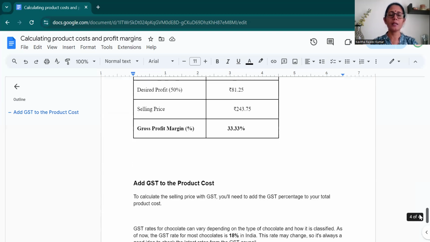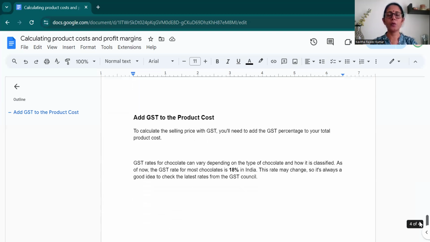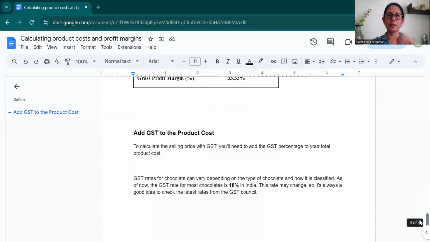Now, there is another factor which you have to include, that is called GST in India. Normally, it is 18% in India, but again, the GST rate differs from chocolate to chocolate. Say, for example, if you are using cashew inside the chocolate, then the GST will be different. If you are using milk based filling, then it is different.